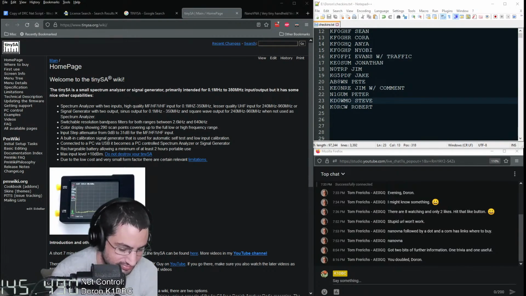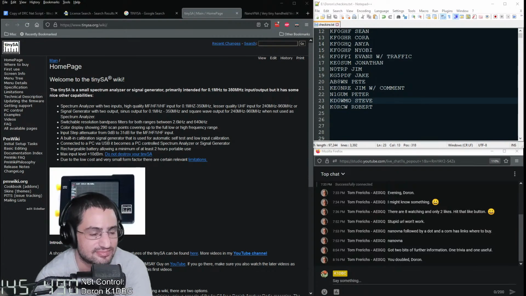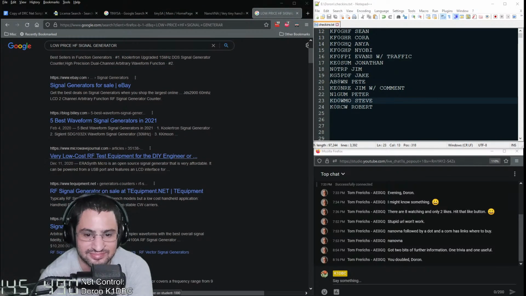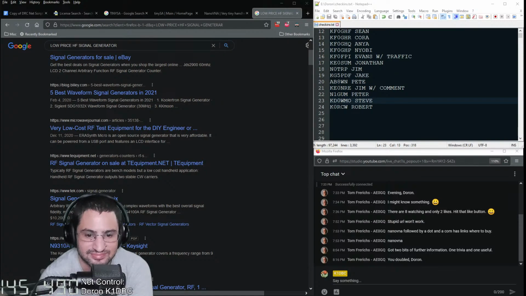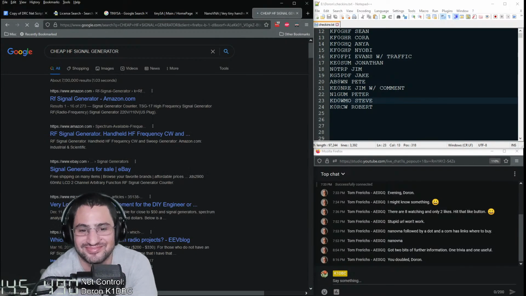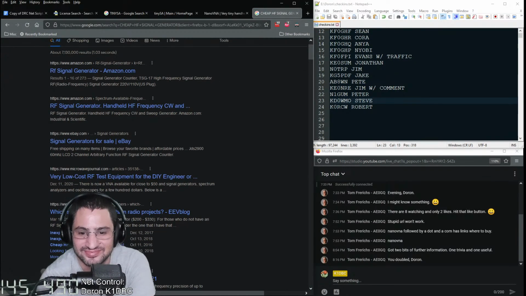Without any trouble, I can find one that goes from 35 meg to 4.4 gigahertz. I can find one that goes from 1 to 65 kilohertz, but trying to find one in HF that is inexpensive is a little bit harder to do. So if anybody has any suggestions for something like that, I would appreciate it. Thank you.